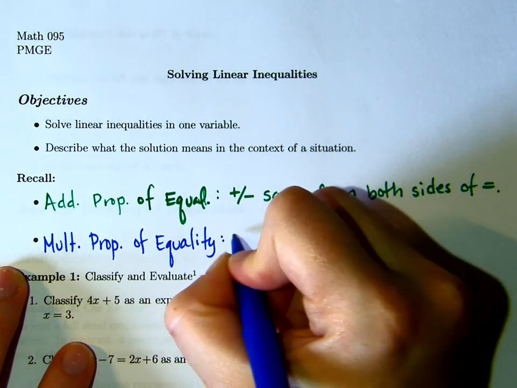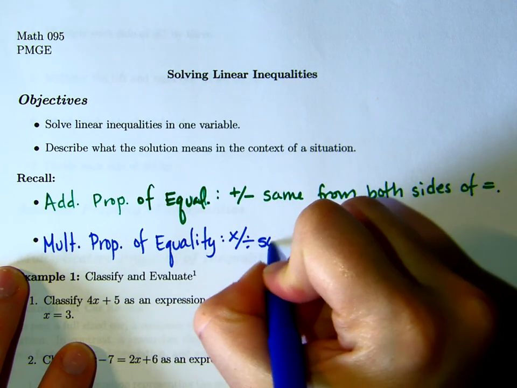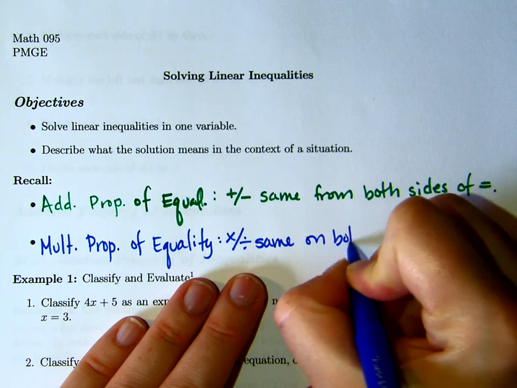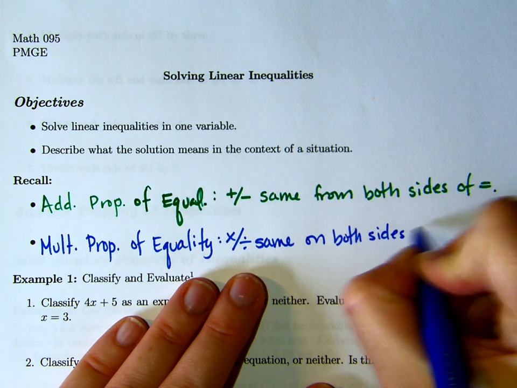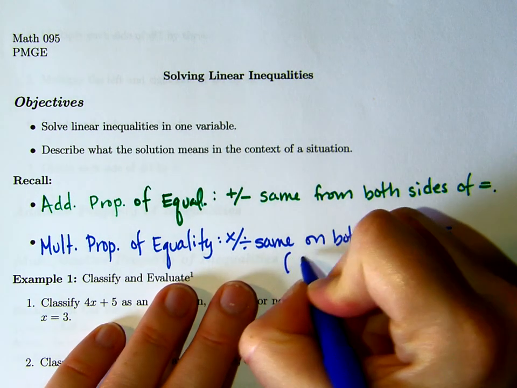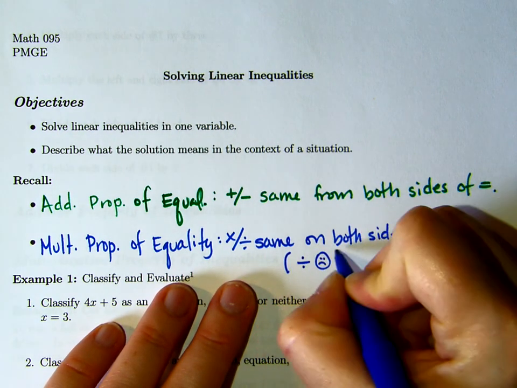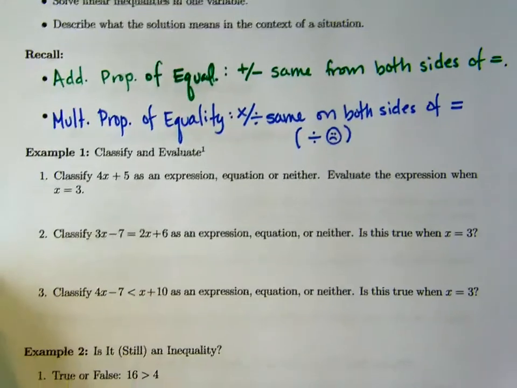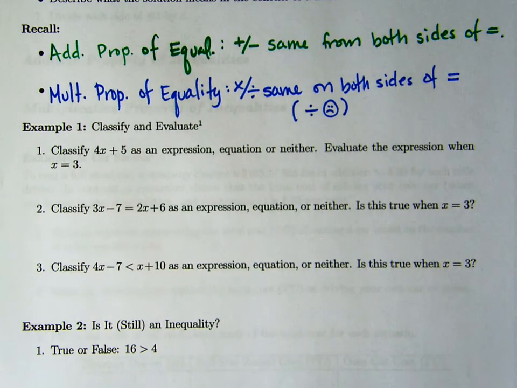And that said we could scale it up or scale it down, except, of course, that division by 0 is off limits. Yeah, it has chaos written in it. Example 1, and by chaos I mean I'm just going to leave it.